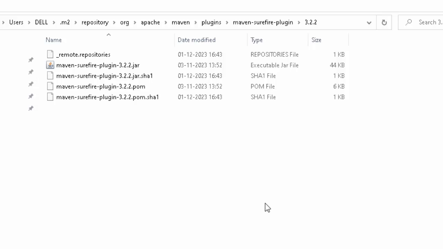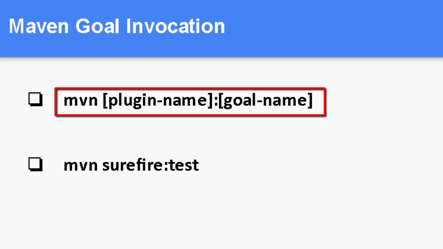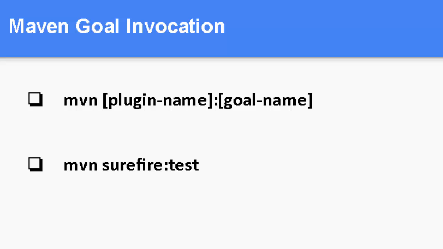Now it's time to have a practical understanding. So the Maven phases we did execute, right? mvn compile, mvn clean, mvn package. We can run the goals separately also. How? That I will show you. So here, this is the syntax for goal invocation. Earlier what we did was phase invocation. Now you can invoke a specific goal.